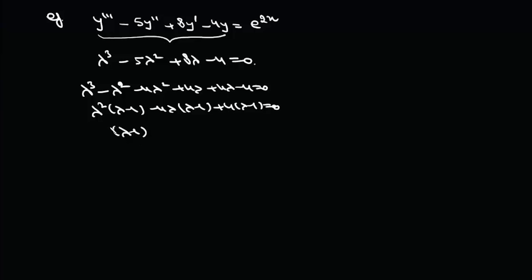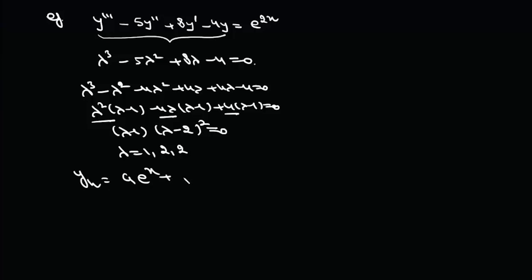So we'll have lambda minus 1 and then lambda square minus 4 lambda plus 4, which is lambda minus 2 whole square. So the roots are 1, 2 and 2. So we can write its solution yh as c1 e to the power x plus c2 plus x c3 e to the power 2x.